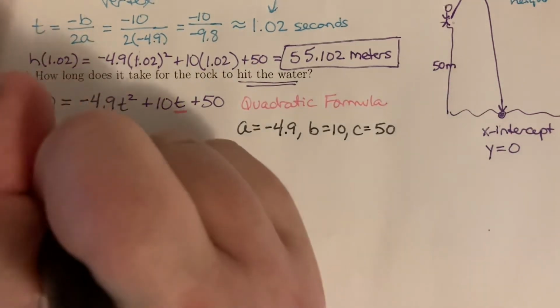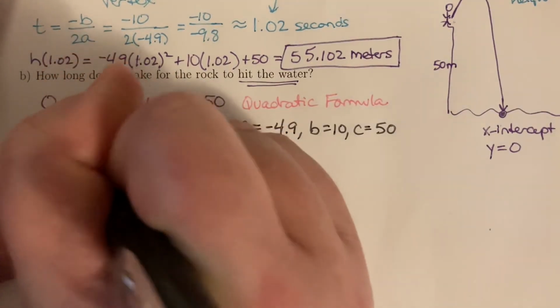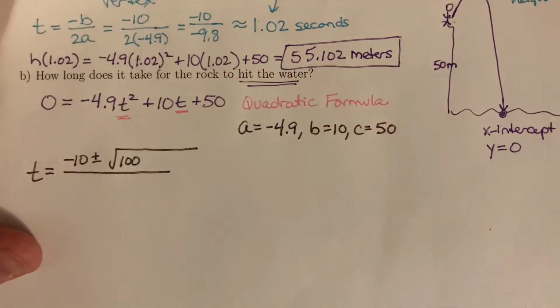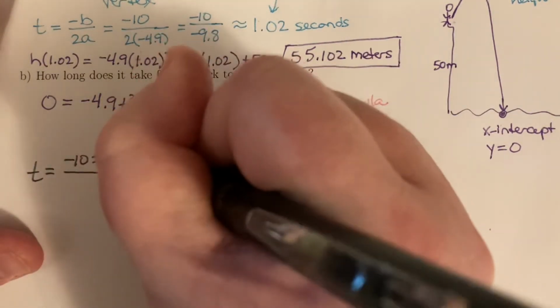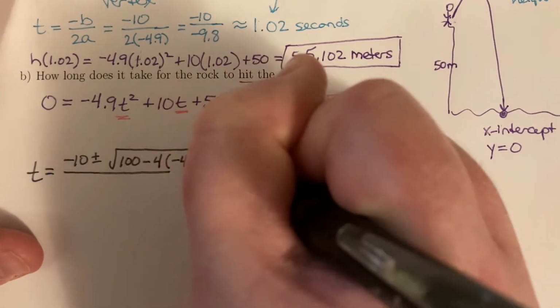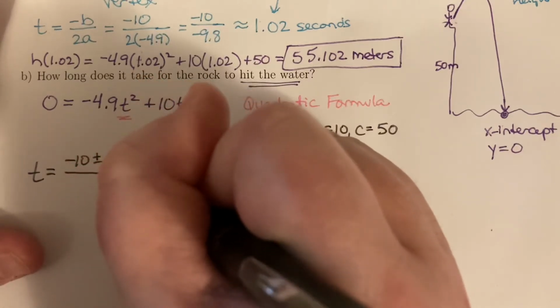All right, let's do it. t equals negative b plus or minus the square root of 10 squared, which is 100, minus 4 times negative 4.9 times 50, all over 2 times negative 4.9.